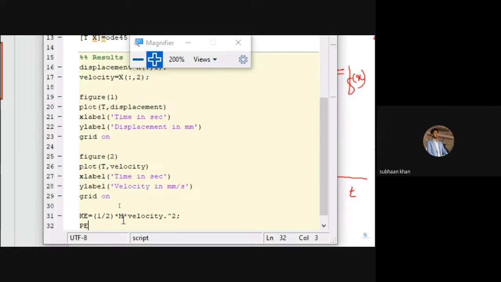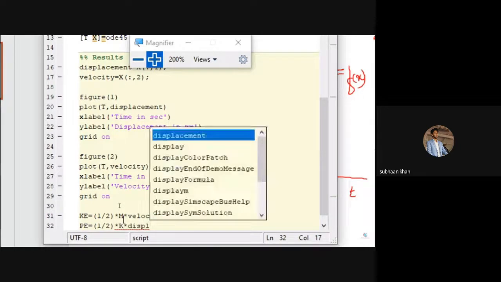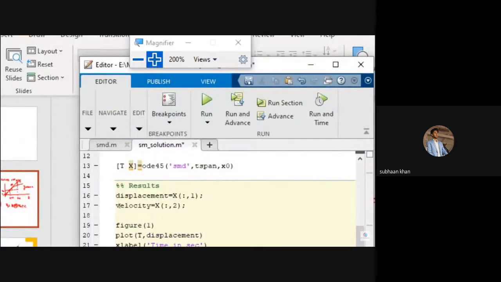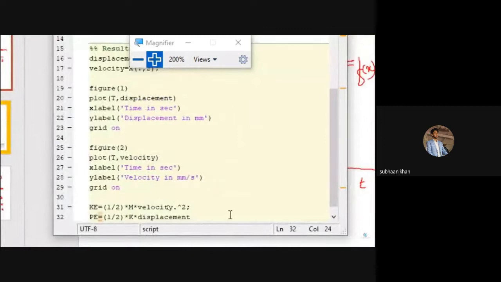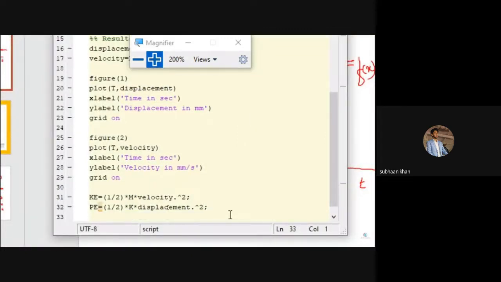What about potential energy? How can I calculate? Half k x square, where x is the displacement. So this way we got two energies.